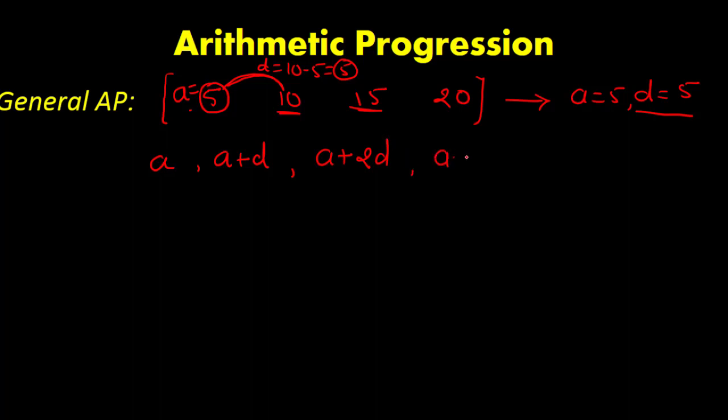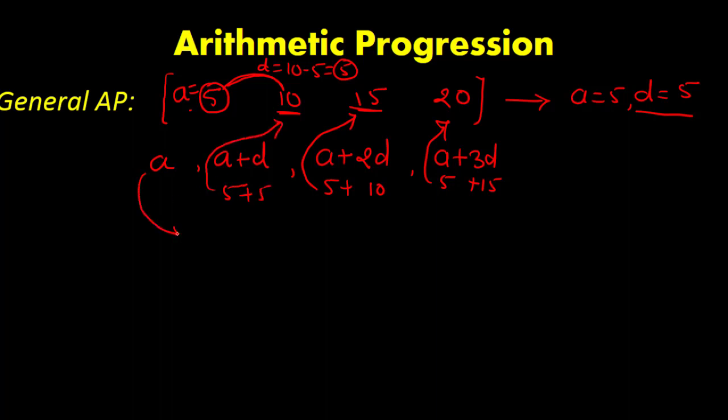So A plus 3D, A is 5, 3D becomes 15, so 15 plus 5 is 20. So this is nothing but A plus D, A plus 2D, A plus 3D, and so on. This is nothing but the general terms in an AP.